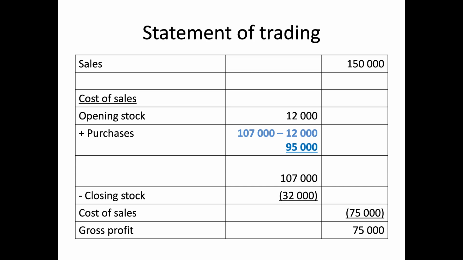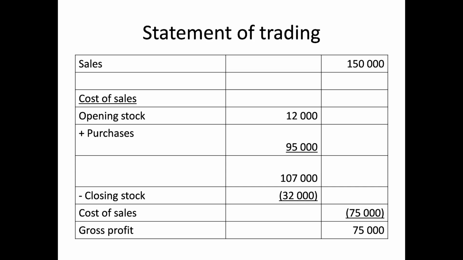Therefore, it's very clear that the purchases value is the difference between 12,000 and 107,000. Then you are going to deduct 12,000 from 107,000. Then you are getting the answer as 95,000.